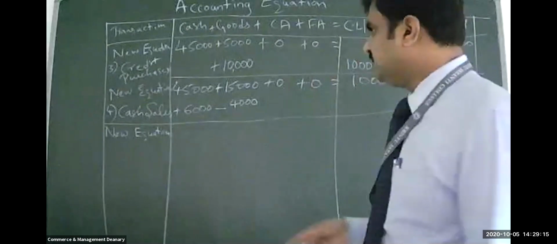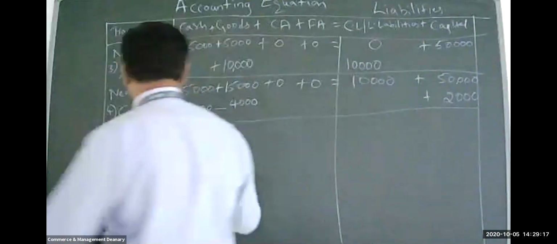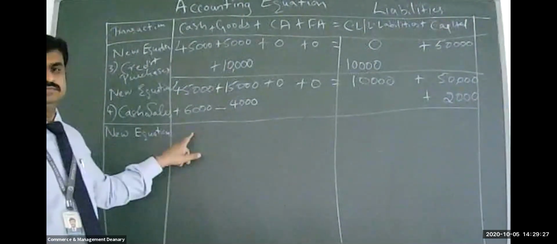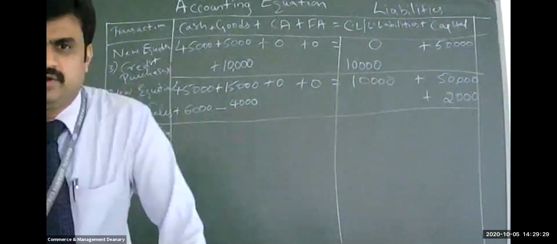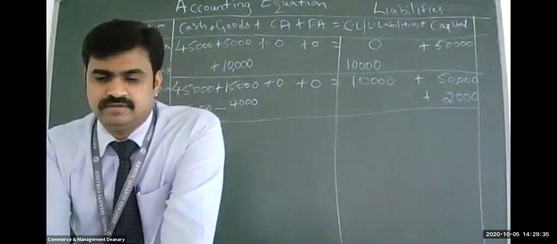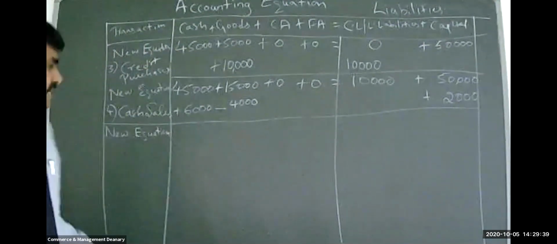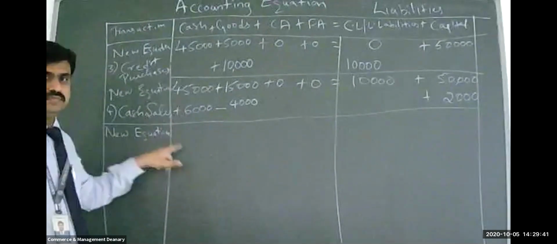So first you write the new equation. How much is it? 51,000. Students, please use a calculator. Please keep a calculator in your hand. We are attending the accounting class. So 45 plus 6, how much? 51,000.